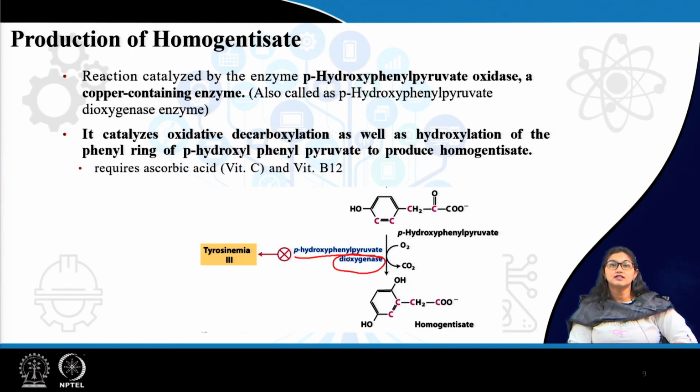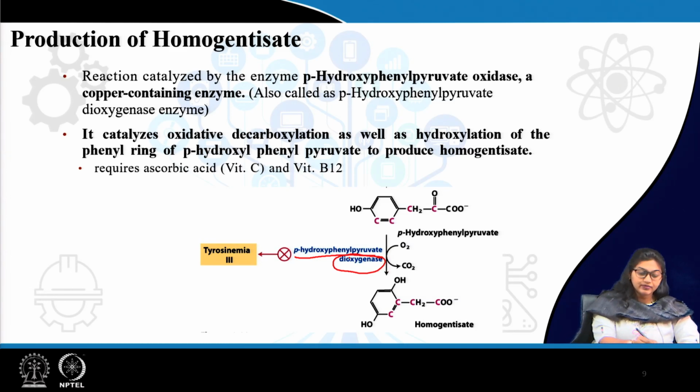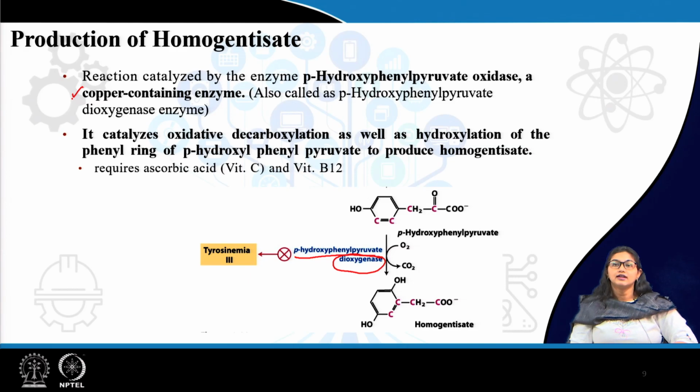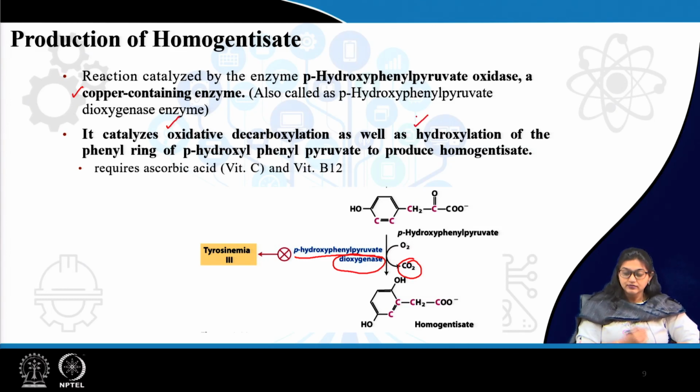Dioxygenase or oxidase is a copper containing enzyme, so the cofactor is copper here. Basically, this is a type of oxidative decarboxylation as well as hydroxylation occurring in the phenyl ring.